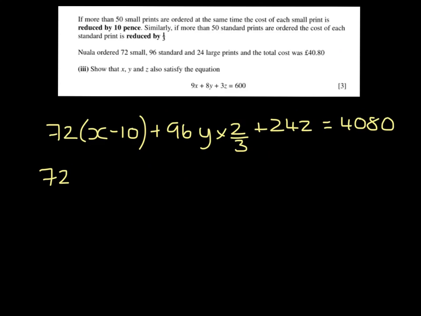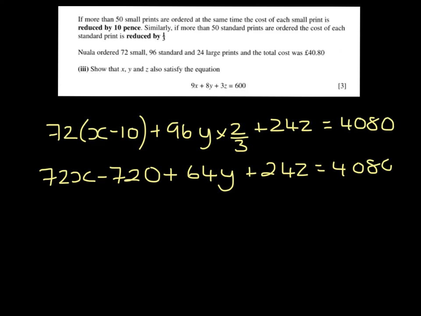Expanding the bracket, 72x minus 720, and 2/3 times 96 is 64y, plus 24z is 4,080.